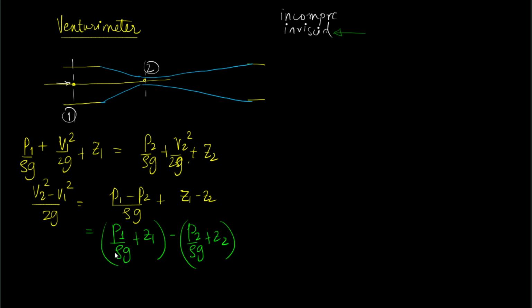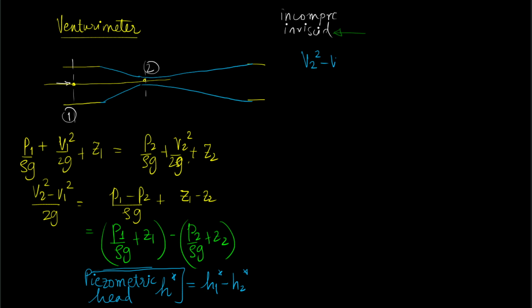This particular combination of terms, P1 upon rho g plus Z1, is called the piezometric head, and we denote it as H star. So this particular set of terms essentially boils down to H1 star minus H2 star. So far we have (V2 square minus V1 square) upon 2g is equal to H1 star minus H2 star.